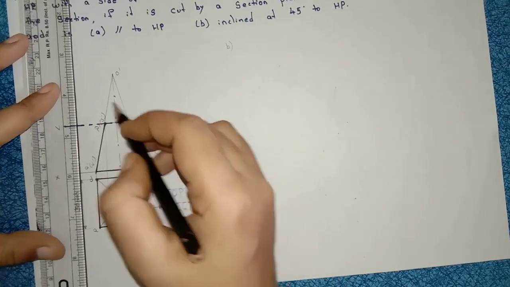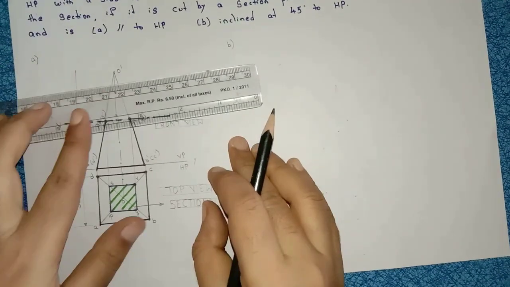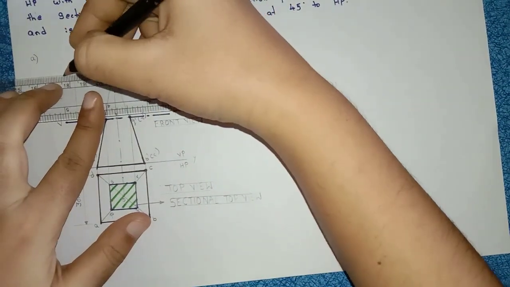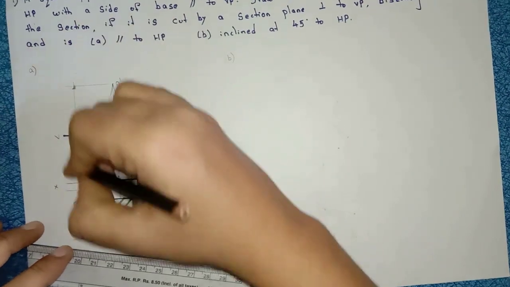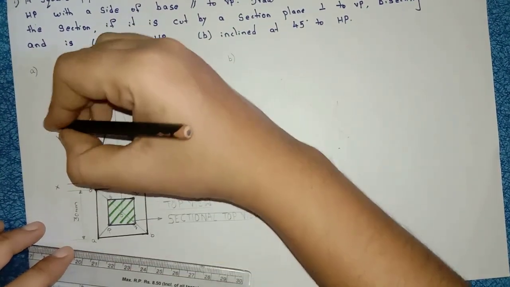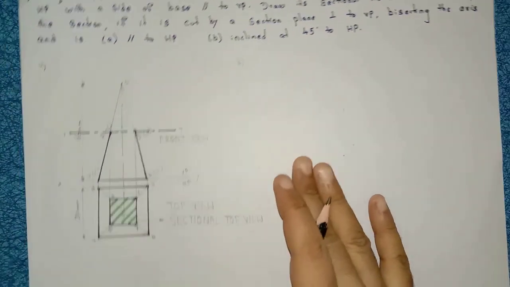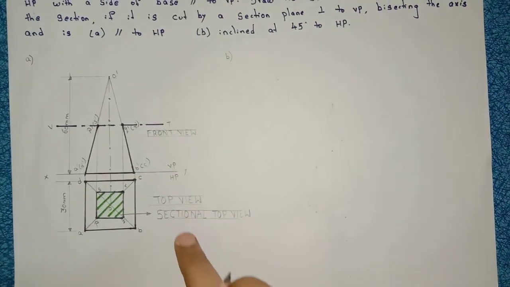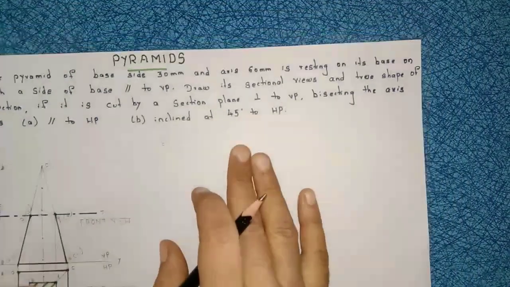Right, and here the axis height. Right, so this is your front view, top view and sectional top view. This is your A bit. So how to solve B bit?